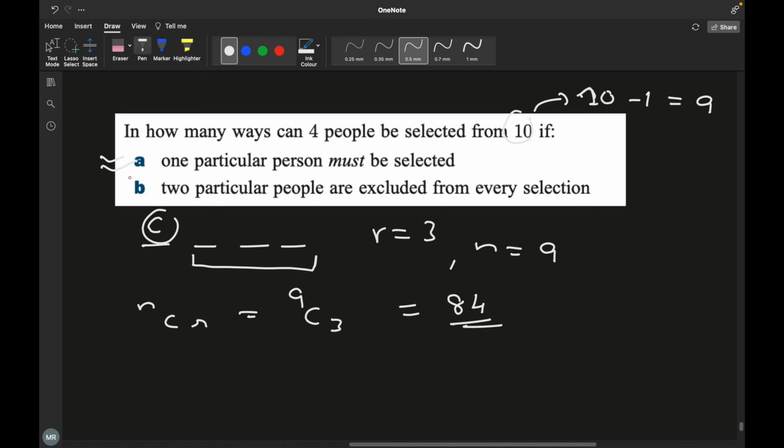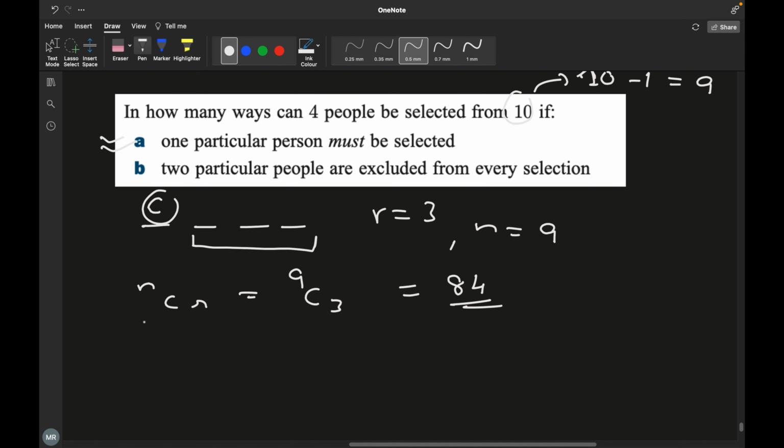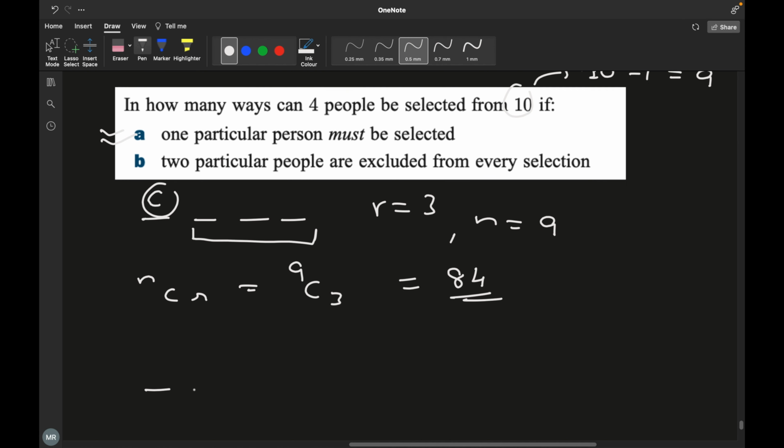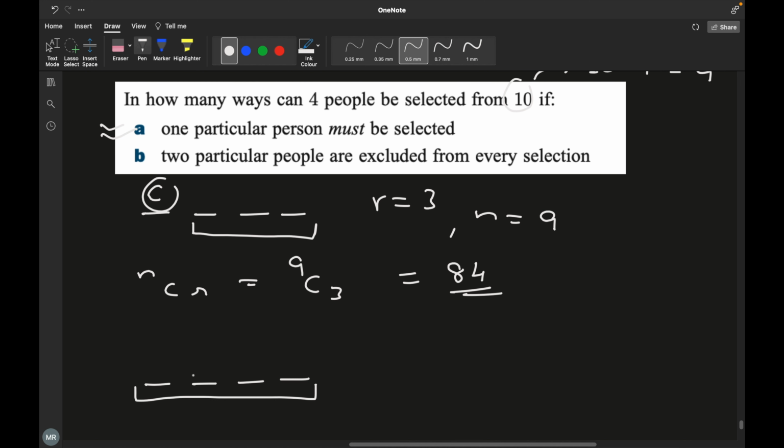Now let's look at B. 2 particular people are excluded from every selection. So these people are not included in the group. So 4 empty spaces. And if they have to be excluded, that means we have to take them out of the group of people that might be selected.